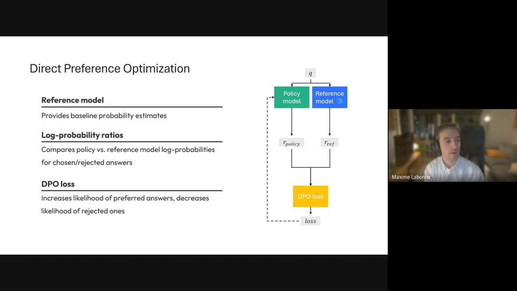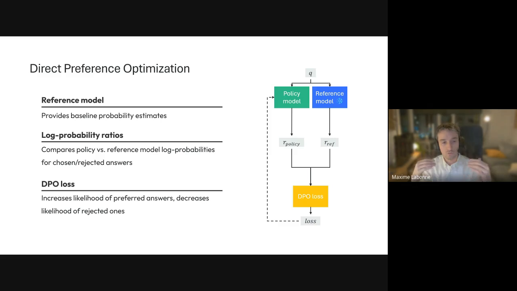Let's talk a bit more about direct preference optimization. In this training algorithm, you have the model that you want to train, which is called the policy model, and you have a reference model, which is basically the exact same model, except that you freeze it at the beginning of training. This reference model gives you an idea of how the model would have acted without this new training, so it provides a baseline of the probability of outputting each token.